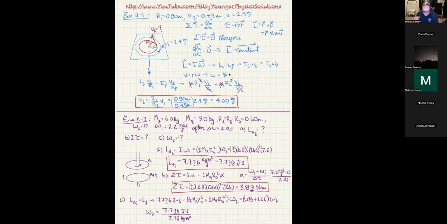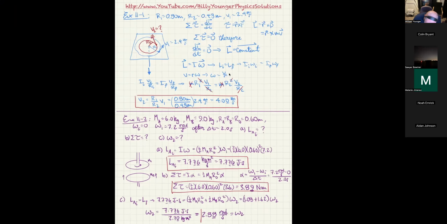Remember, a joule second is a kilogram meters squared per second. So you're basically just going to get units of reciprocal seconds, which can be written as radians per second. 7.776 divided by 2.7 gives me 2.88, and that's in radians per second, equal to omega 2.